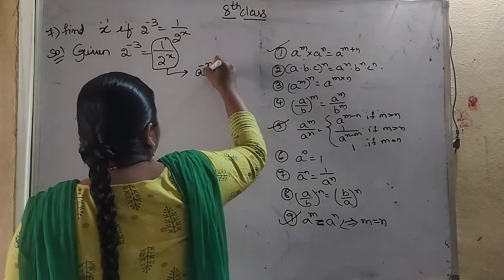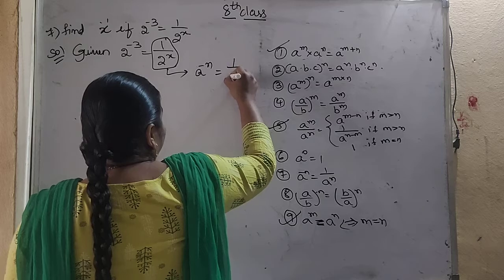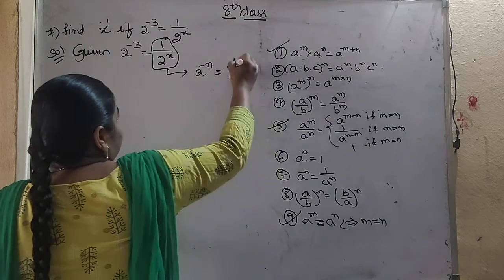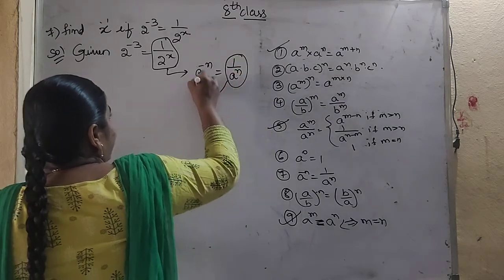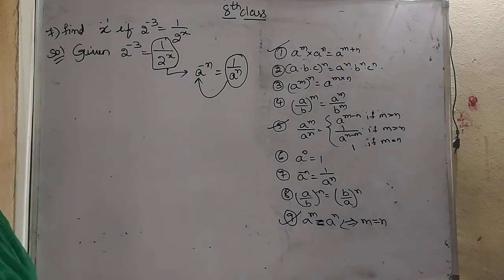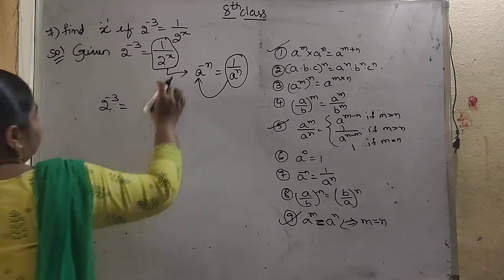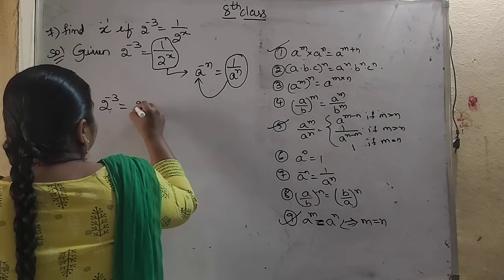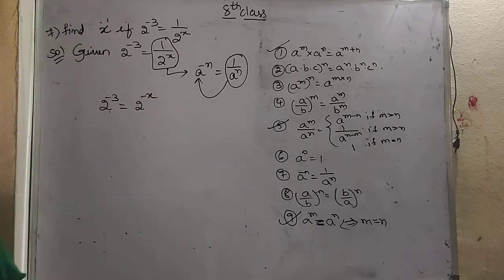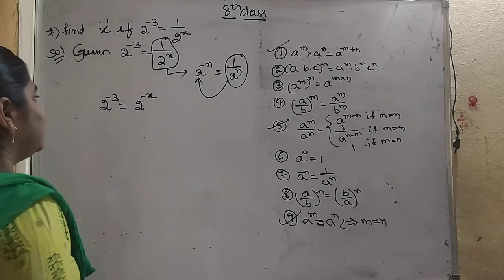They have given it in this form. Now we have to convert it into this form. So how to convert? 2 power minus 3 is equal to, we can write this value as 2 power minus x. Okay, so we can write that value as 2 power minus x.